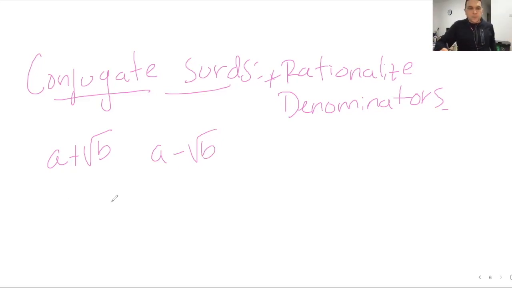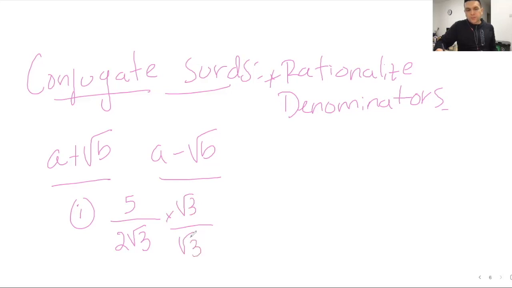So I'll give you some examples. Sometimes you're going to get an expression like this. Sometimes you just have a single surd, there's no plus or minus sign. So that's easier to rationalize. So let's see, if we have 5 over 2 times the square root of 3, we don't have to do negative 2 times the square root of 3. We just multiply by the square root of 3.